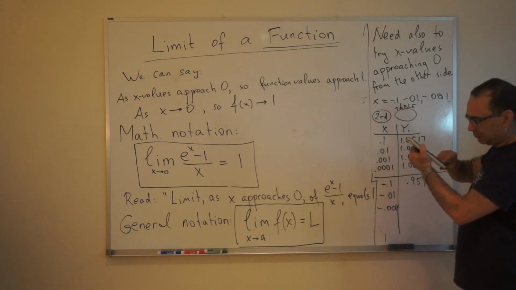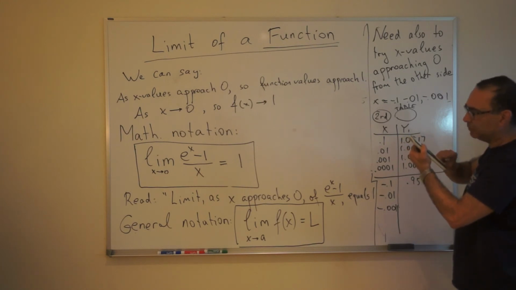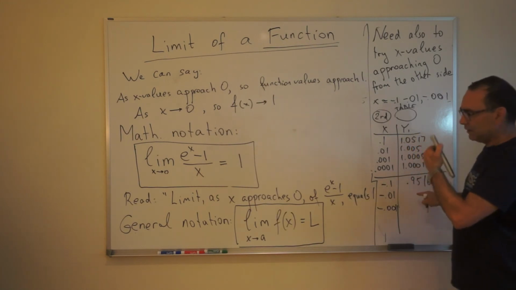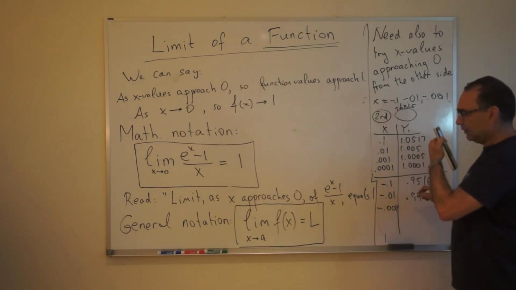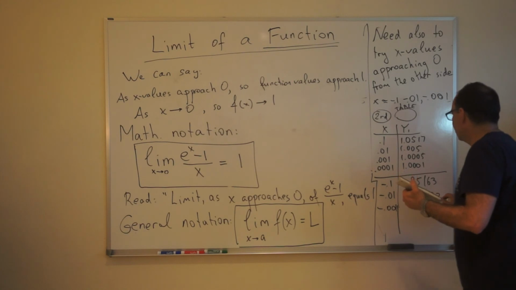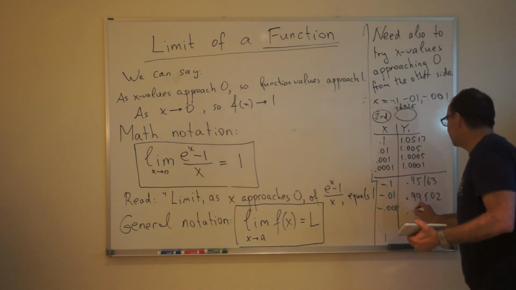With negative 0.01, the answer is 0.29502, and I will try one more, negative 0.001, the answer is 0.305395.